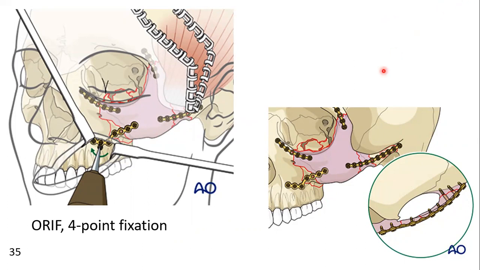All these 4 points of fixation will be performed before the orbital reconstruction. Reconstruction of the orbital floor should be performed after the zygoma has been reduced and fixated.